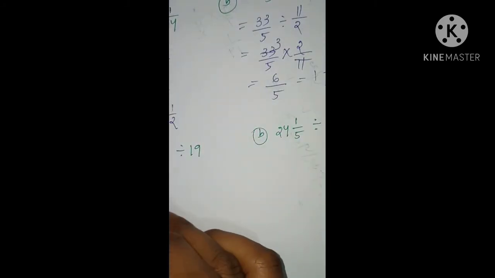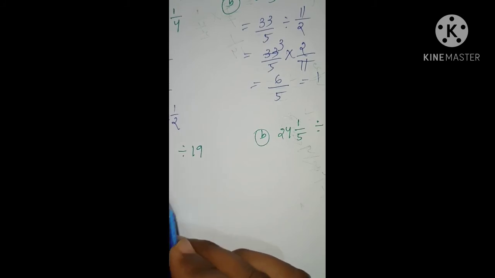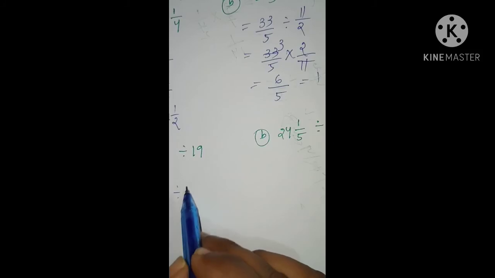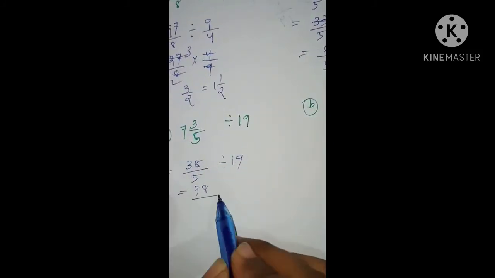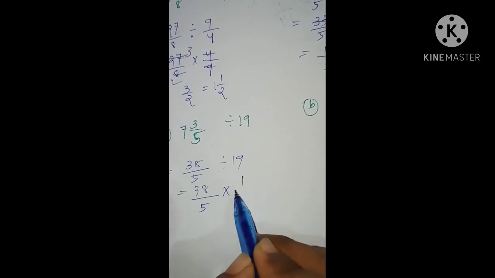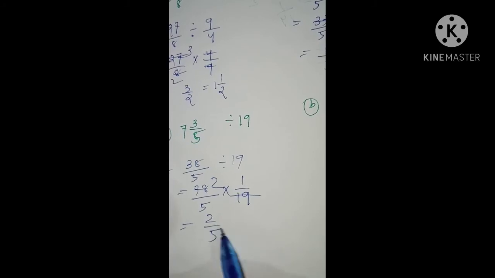Similarly 11 number: 7 times 5 is 35, plus 3 equals 38/5 divided by 19. So 38/5 multiplied by 1/19. Then 19 times 2 is 38. So 2/5 is the answer.